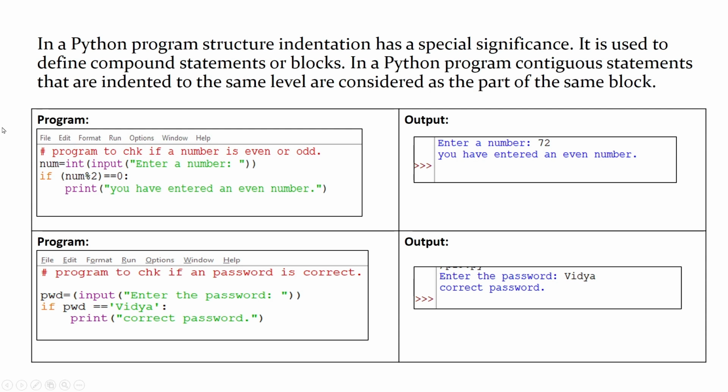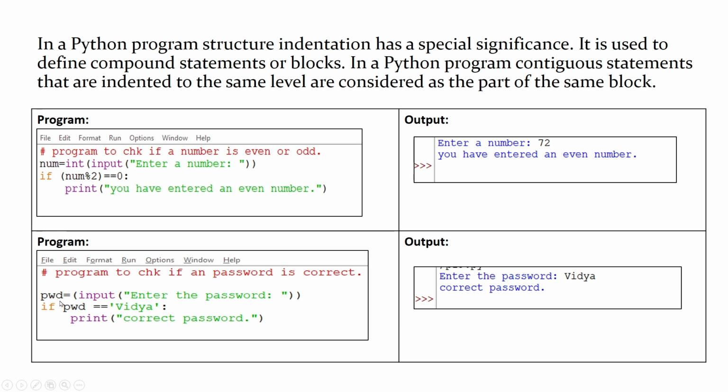After executing this program, we have the statement enter a number. So we have accepted the number by putting a statement enter a number. The user entered the number 72. Since we get 0 by dividing 72 by 2, it is an even number, so we printed you have entered an even number.